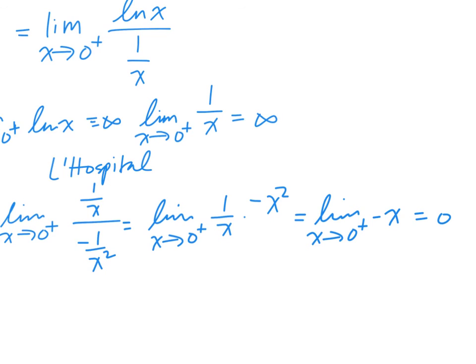So the limit is 0. So in this case, yes, 0 times infinity is going to be 0, but we had to prove that we arrived at that answer by showing that it is invariably 0. Okay.